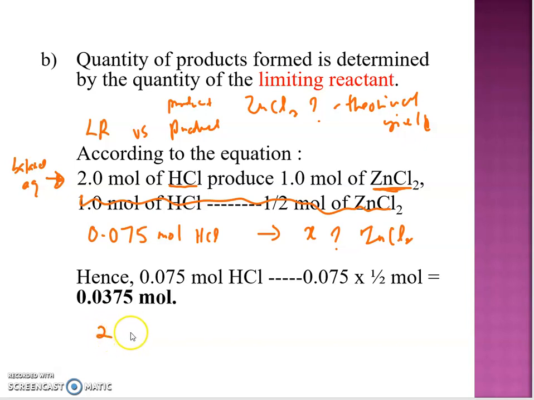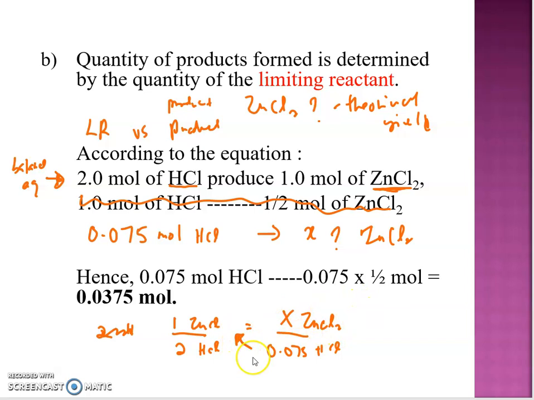2 untuk HCl. Okay, nak mudah kita letak 1 zinc chloride, 2 HCl, bawah ni 0.075 HCl, atas ni X zinc chloride, tak tahu. Okay, so buat simple matematik, bawa ke sebelah kiri.